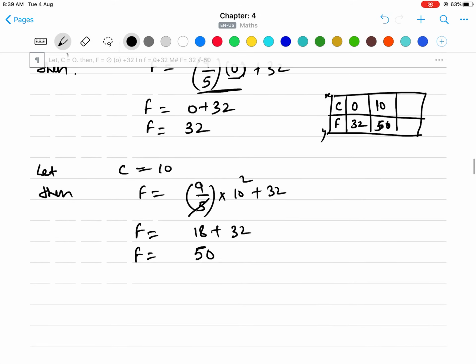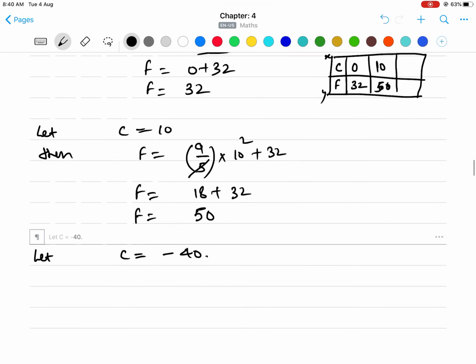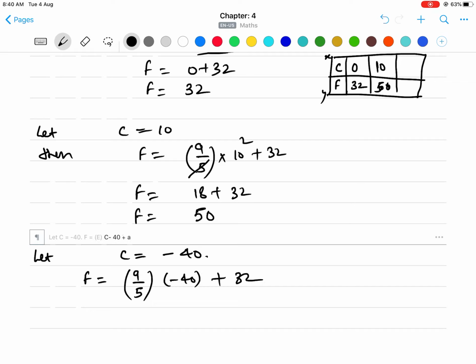Let's take C equals to minus 40. If we take C equals to minus 40, which means F will be equals to 9 by 5, and at the place of C we'll write minus 40, plus 32.